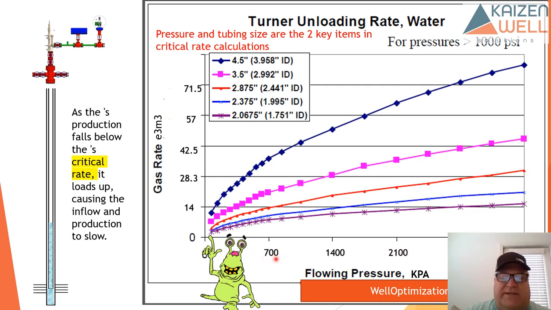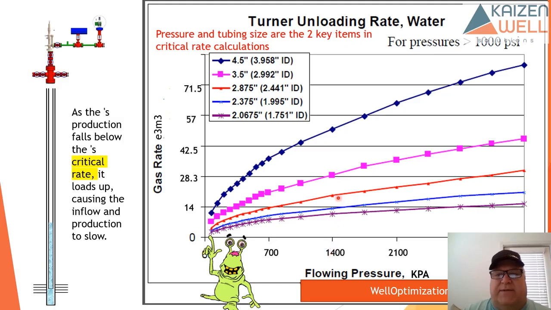Basically, 700 kPa is 100 psi. So at 200 psi or 1400 kPa, you can see that 2 3/8 tubing has a critical rate of roughly 14 E3, which is roughly about half a million. It's probably closer to 420 MCF or something.